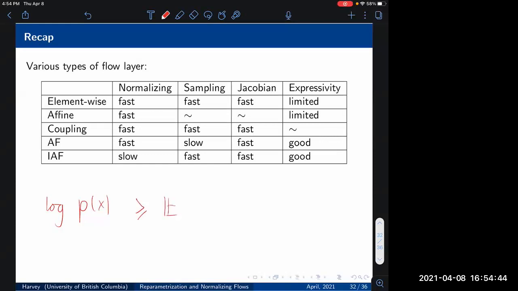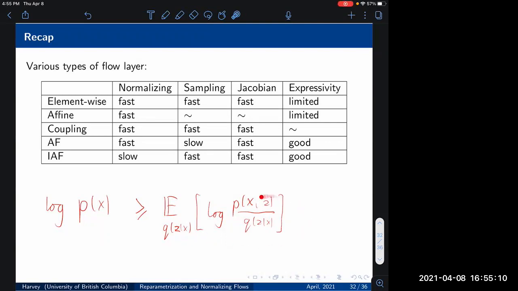You have your encoder, q of z given x, and then this is greater than p of x and z over q of z given x. But this is potentially not as appetizing as if you can actually compute the exact likelihood.